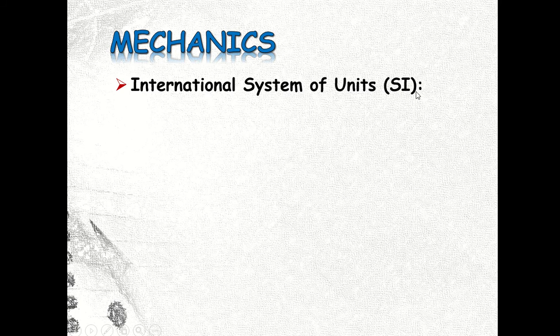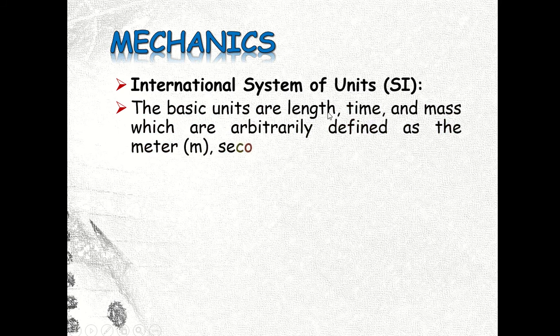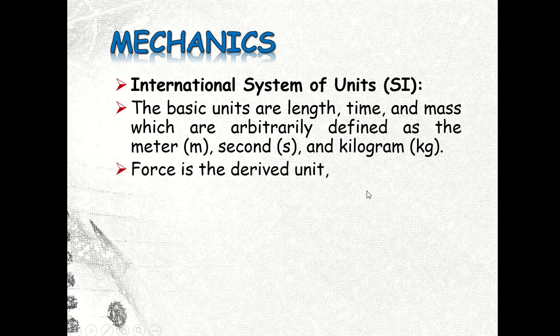International system of units, or SI units. So we have here the basic units that are length, time, and mass, which are arbitrarily defined as the meter, denoted by m, second, denoted by s, and kilogram, denoted by kg. Force is a derived unit, and again that is taken from Newton's law.